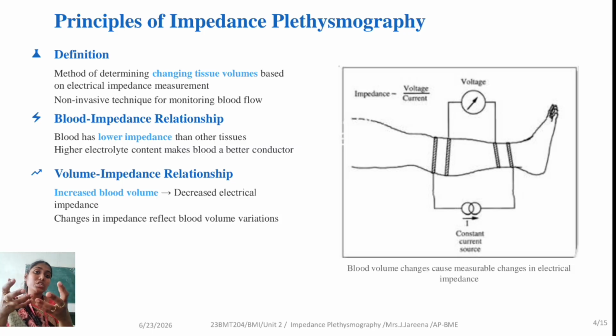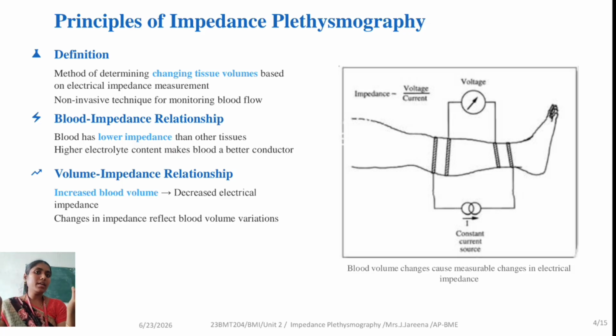What is the relationship between blood and impedance? You already know that impedance is a sort of resistance. Blood usually has low impedance because it has a very high electrolyte content, so it behaves like a conductor. We already know that conductance and resistance are inversely proportional.